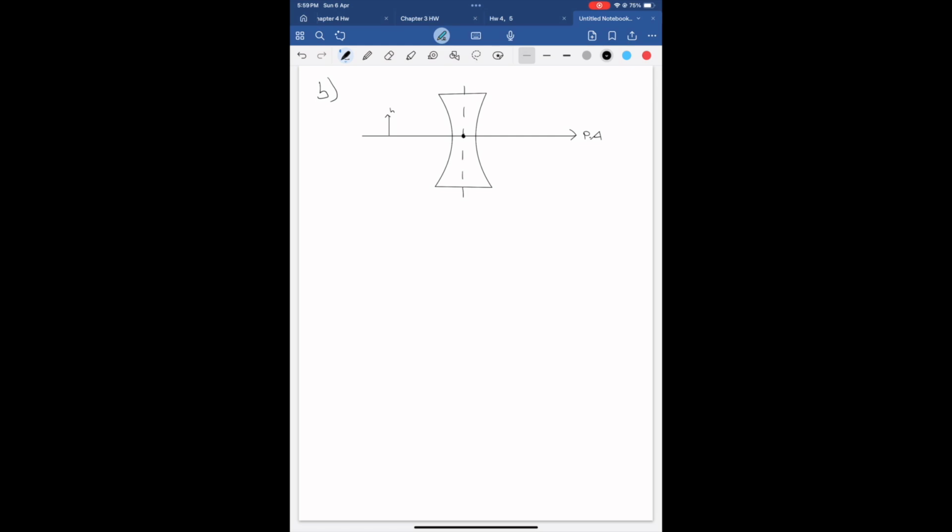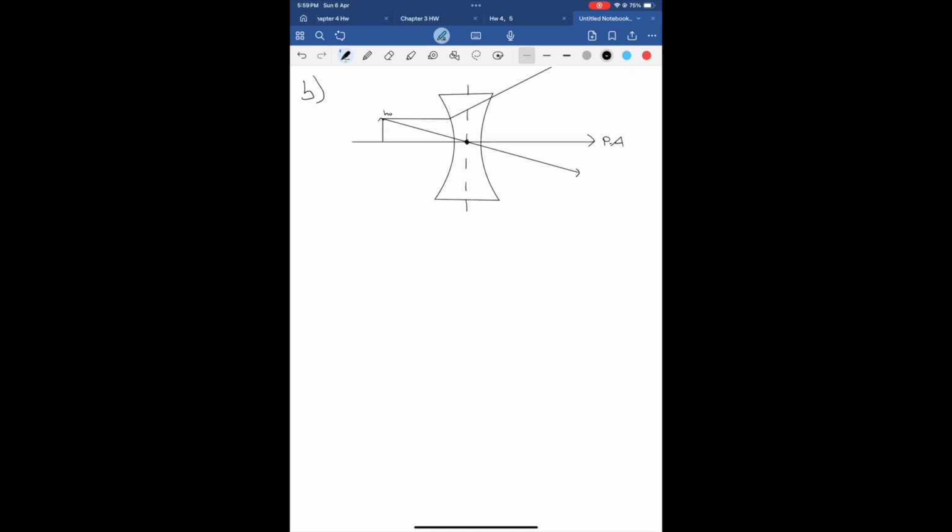We have our object. And we also have this parallel ray. This parallel ray is actually going to go up. And you also have another ray. Say it goes through the center.